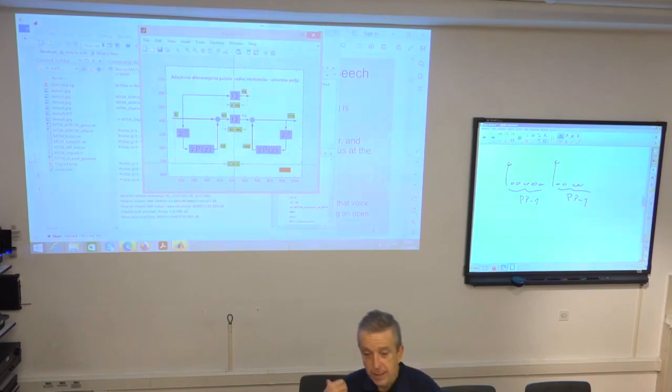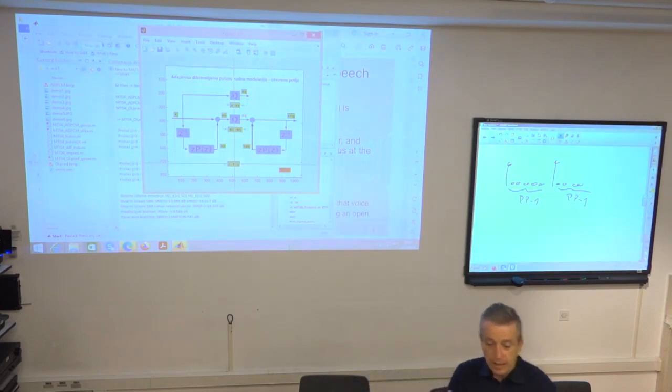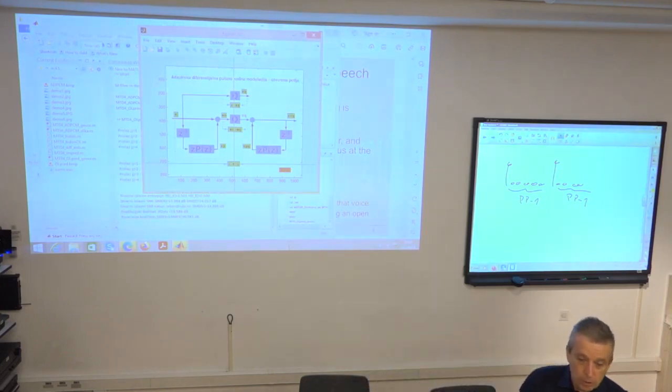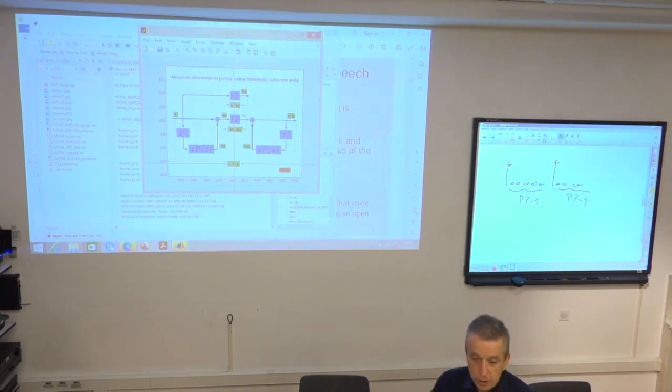So this is this error that sounds like an original vowel, but not with proper voice excitation, but with unvoiced excitation. So that is the reason. So this error is present here, but you cannot hear it. Why? Because it has similar spectrum shape as the original signal. So it is hidden behind the spectrum of the original signal.